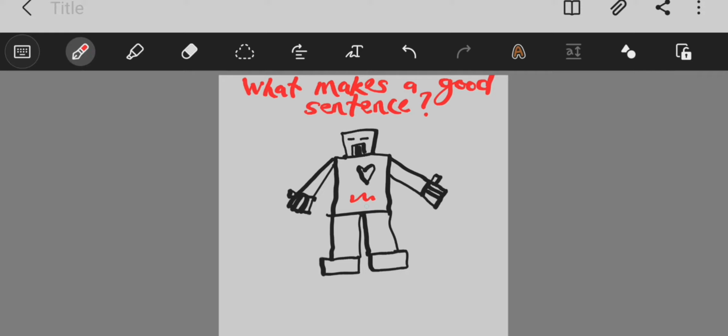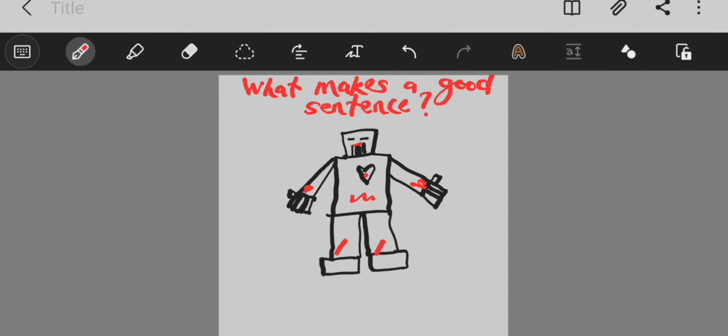In order to make a good robot, you have to have the arms, the legs, and also the head, right? And most importantly, you have to have a heart. It's not really a beating heart, like a mechanical heart. So this right here will represent the heart.